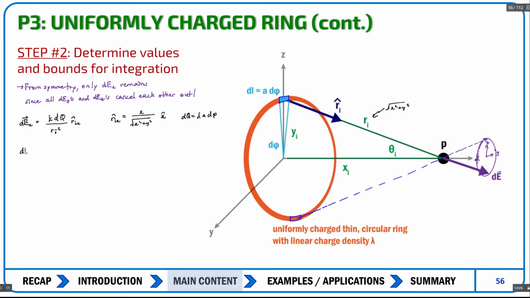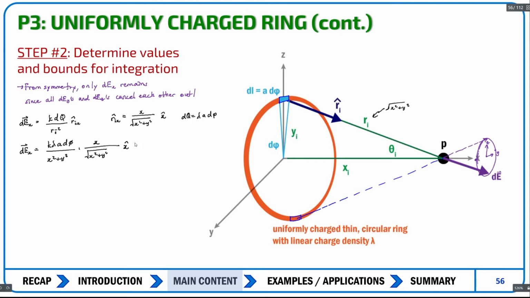So dEx is just simply going to be k, and dq is going to be lambda a d phi, divided by x squared plus y squared, times x over the square root of x squared plus y squared, x hat.